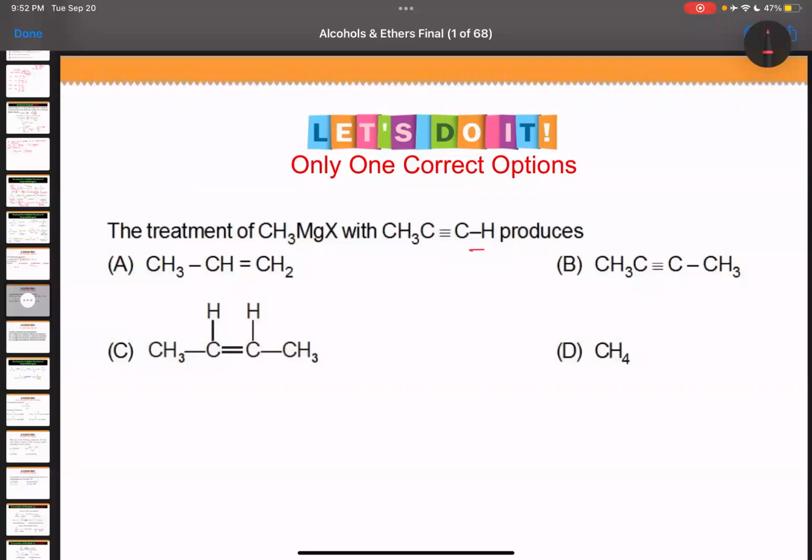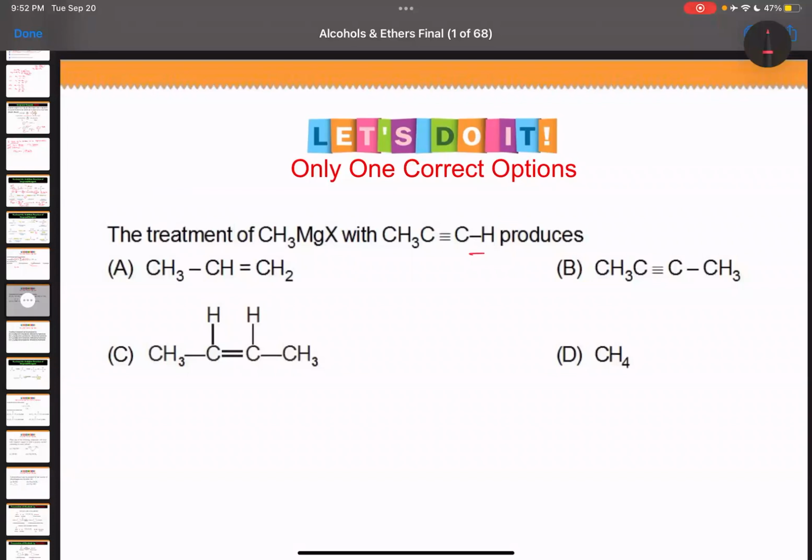Because it can release the hydrogen. Yeah, but why will it release? Why not any other? Because the carbon hydrogen bond is weak. Yeah, but actually, this is sp hybridized. This is electronegative.